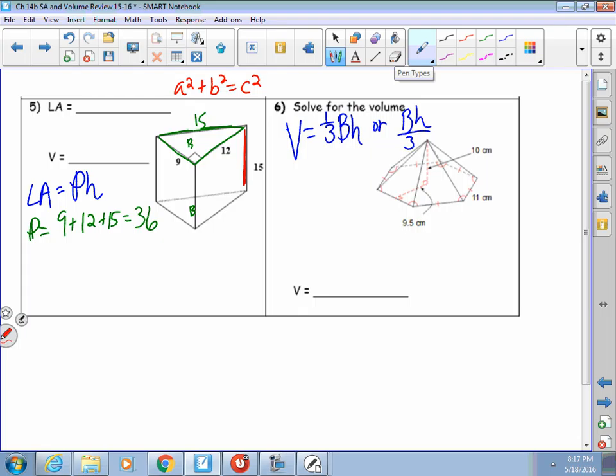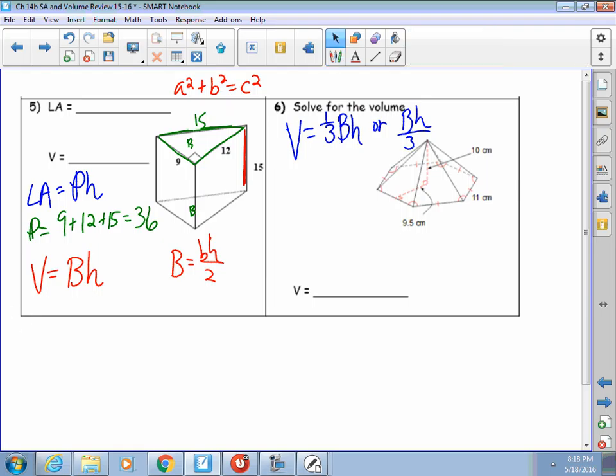And then to do our volume, the volume of the prism is the area of the base times the height. Do make sure we understand that the B is a triangle, and to get the area of a triangle, you have to do base times height divided by 2. Your base and your height of a triangle are the perpendicular sides. Where I see that box, there it is.